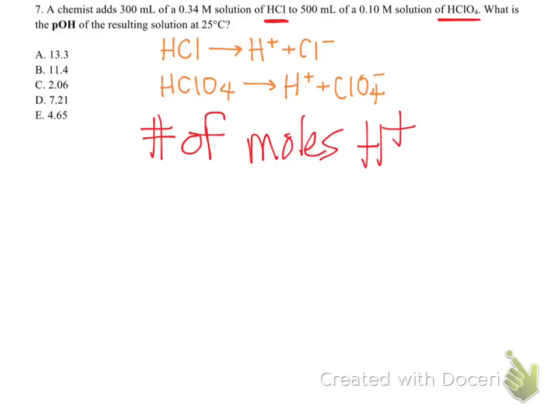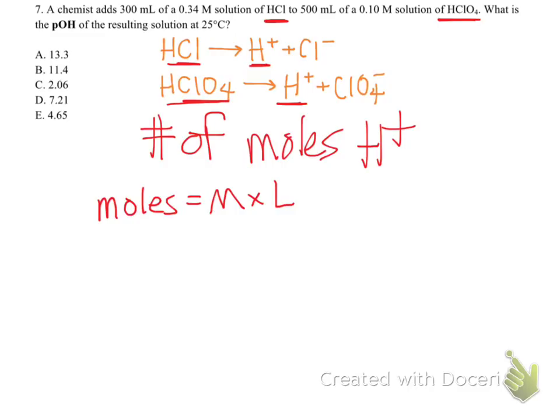So first, let's figure out the number of moles provided from each acid. Remember, strong acids dissociate completely, and we can use the relationship that moles are equal to molarity times liters.